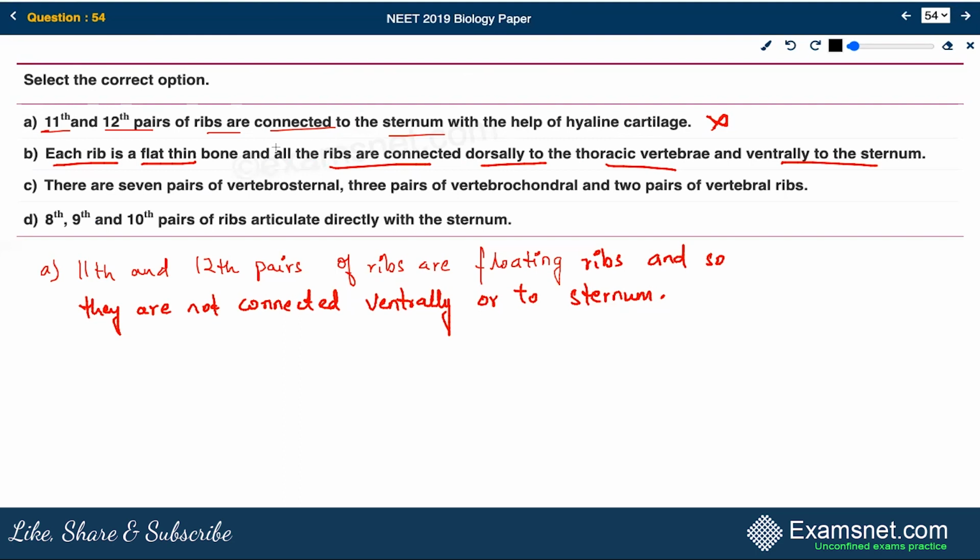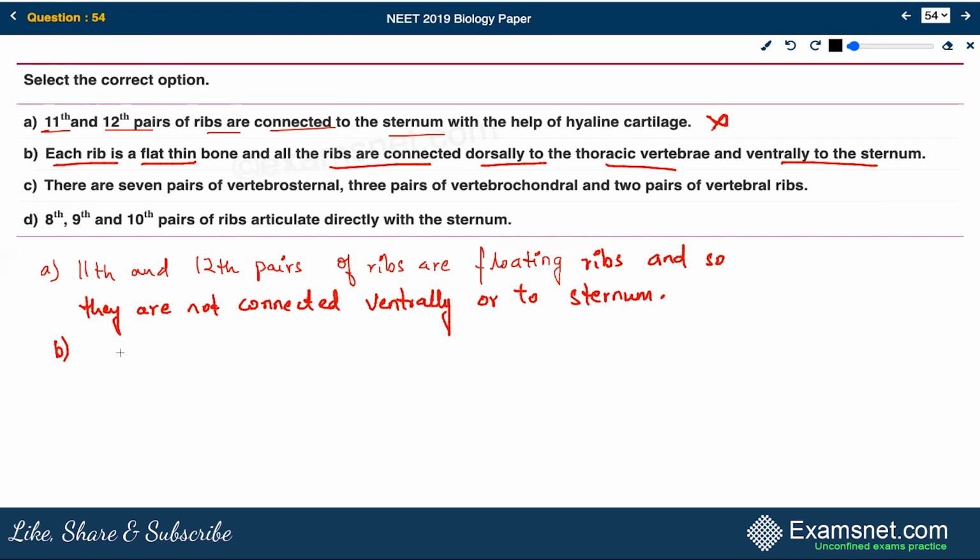All right, for example, if I tell you about the vertebrosternal ribs. Those are considered to be true ribs, because they are dorsally attached to the thoracic vertebrae and ventrally attached to the sternum with the help of hyaline cartilage.